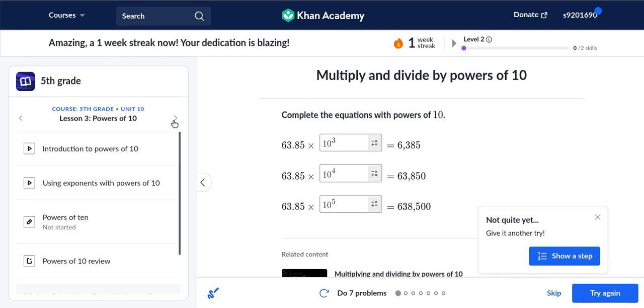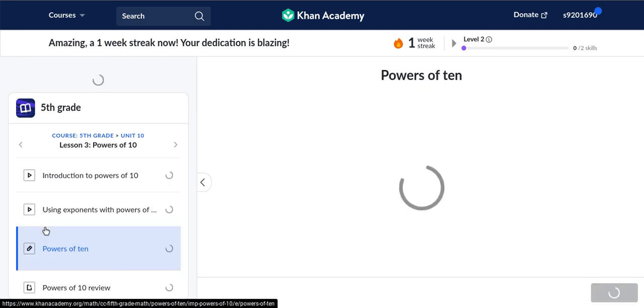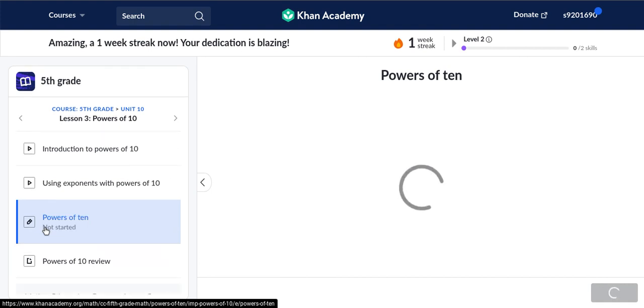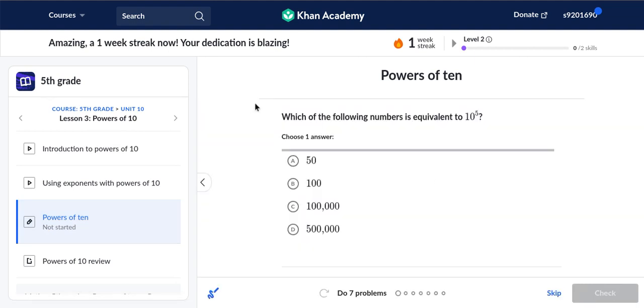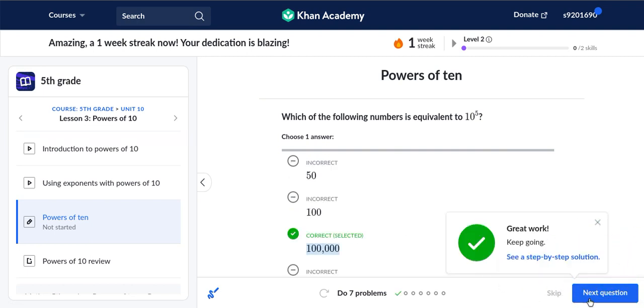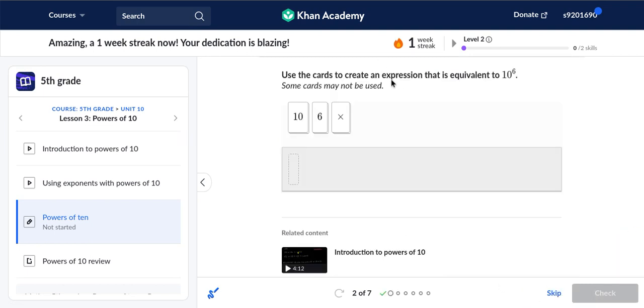We could do an introduction, because I'm sure not everybody has been learning about powers of 10 yet. Powers of 10 is the position, like the place value that goes left to right. So we're going to do this quick, which is equivalent to 10 to the fifth power. This is 100,000.